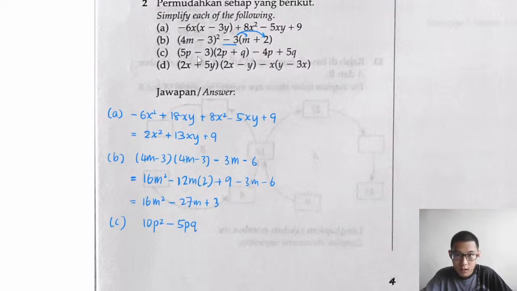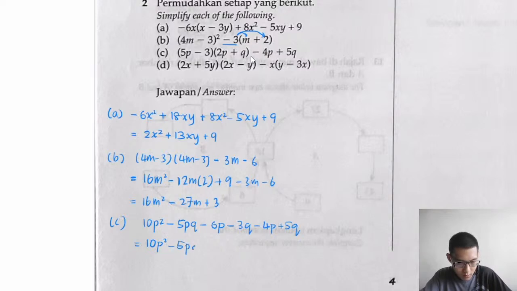And then negative 3 times 2p is negative 6p, and negative 3 times q is negative 3q, and minus 4p plus 5q. Now we try to see like terms. Square, no need. Is there pq or not?